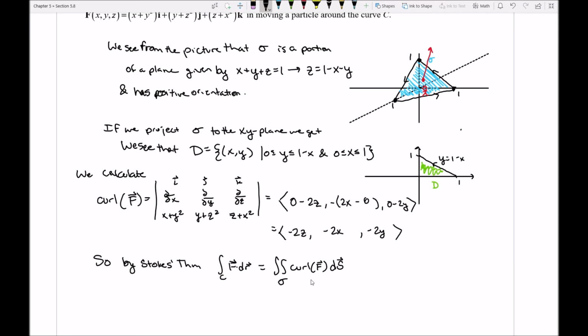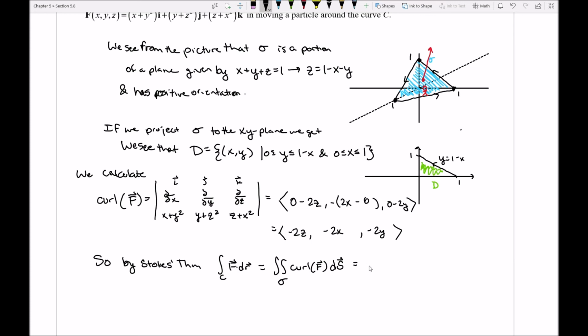Okay, so now I have to think about how I'm going to compute this particular surface integral. Now, one thing that I might notice again is that since my surface is given by a function, and I don't have to parameterize it, I can take the easy steps that we talked about for when we have a function and we want to compute its surface integral.